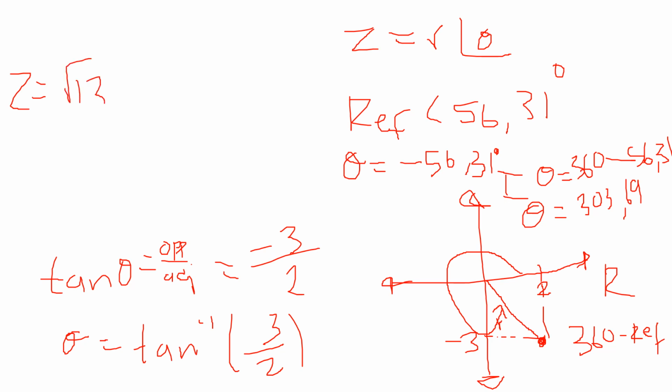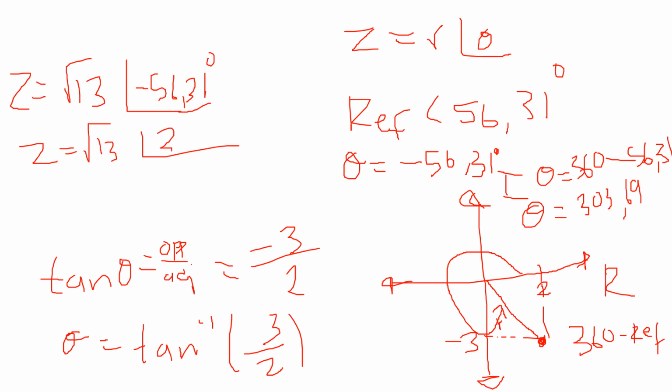And then the angle can either be written as negative 56.31, or you can say now your z is equal to square root 13 at an angle of 303.69 degrees.